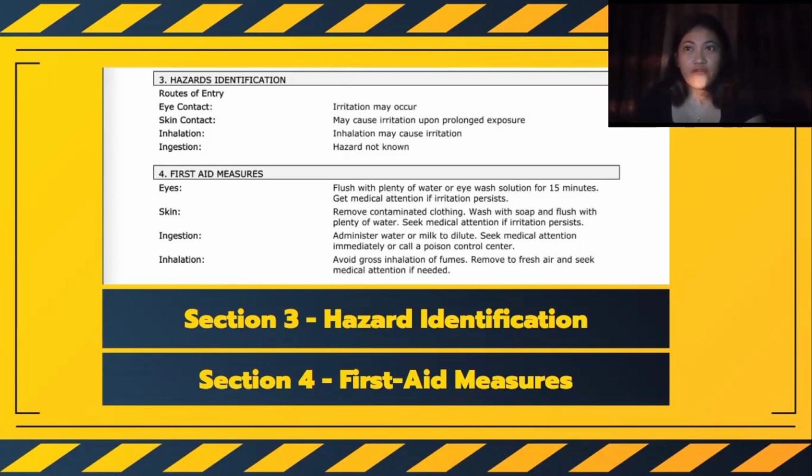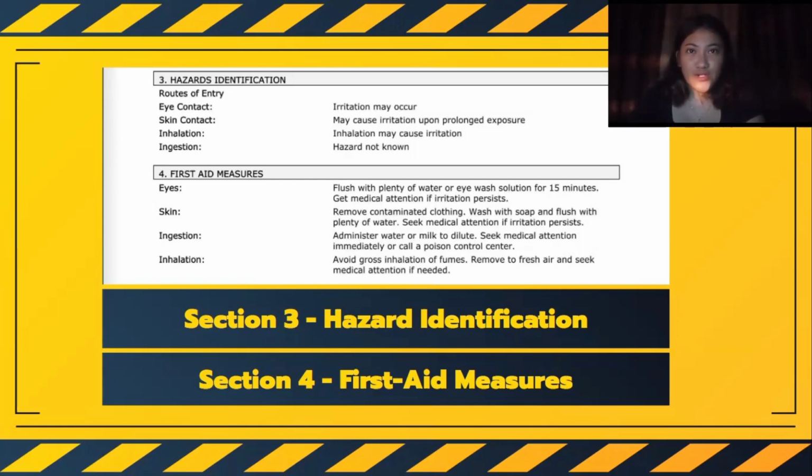Section 4. First aid measures. In this part, it's usually the main crux of the information. These are the immediate response protocols that are recommended in the event of specific types of exposure. We are dealing with a liquid in solution in this instance. So the main routes of exposure or entry to the body are going to be contact with eyes and skin, or via ingestion or swallowing of the substance.